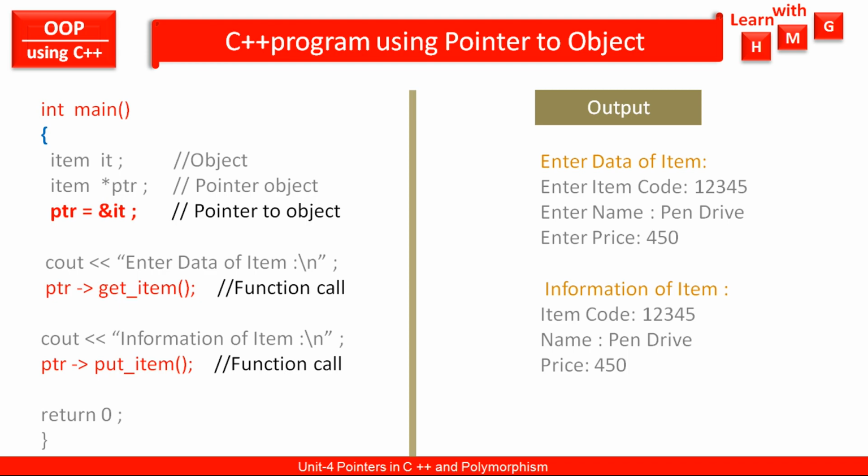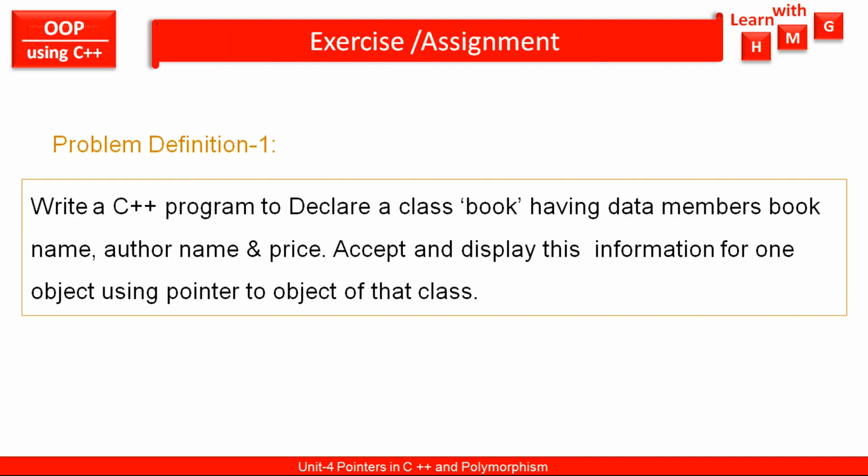Now if you understood this particular concept and the sample program, you can easily solve this exercise or assignment. So this is the first assignment or exercise for you. You have to declare a class book having data members book name, book author name and price.